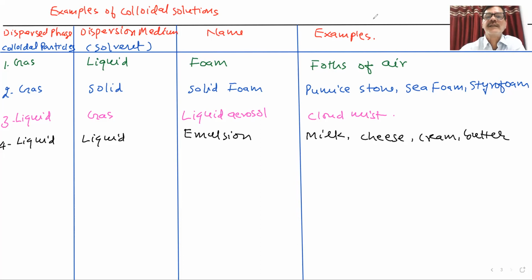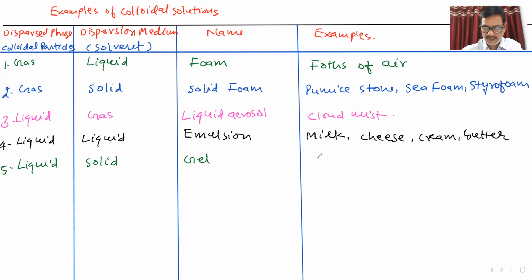After that, the next one is the fifth one. Fifth one is liquid in solid, and the name of this one is gel.